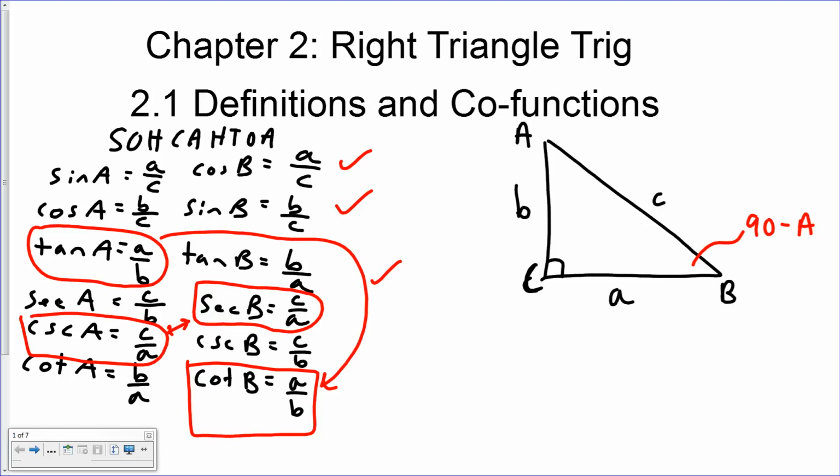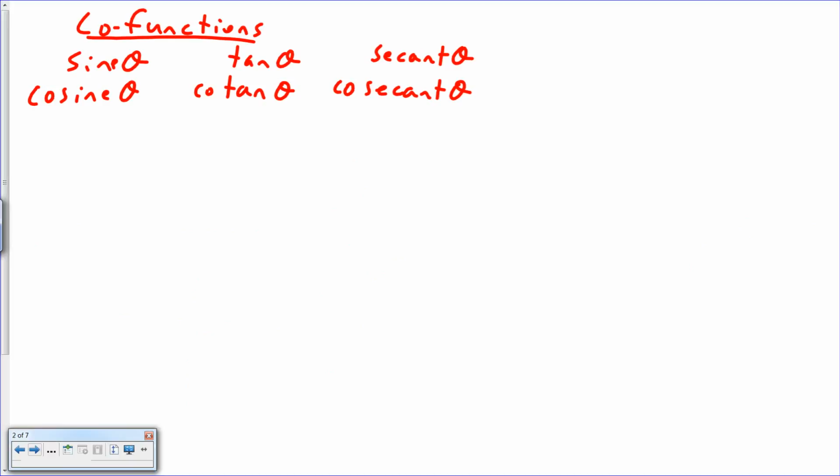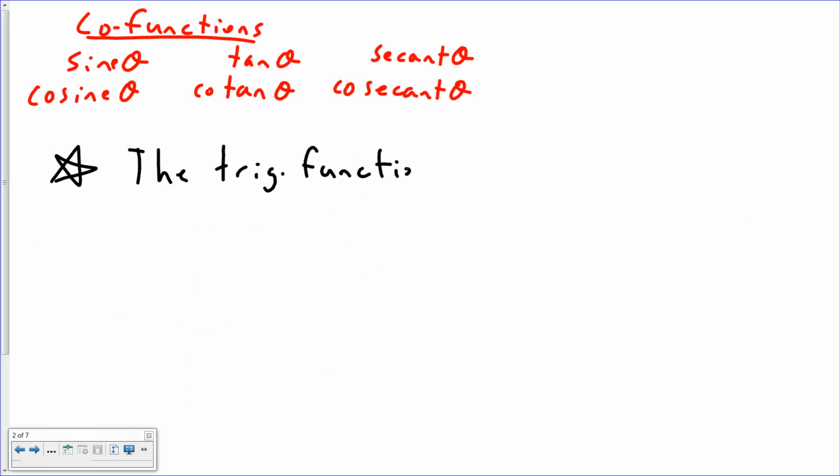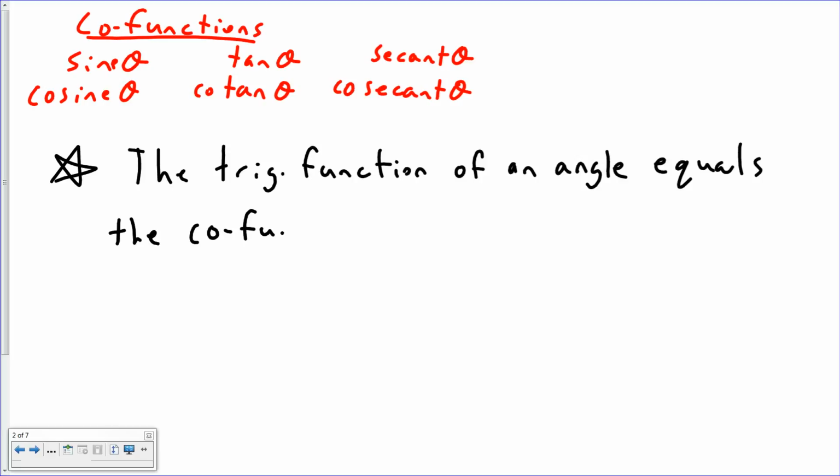And the sweeping statement from here, which is the main idea on this lesson, is going to be the trig function of an angle equals the cofunction of the complement, add up to 90, the complement of the angle.